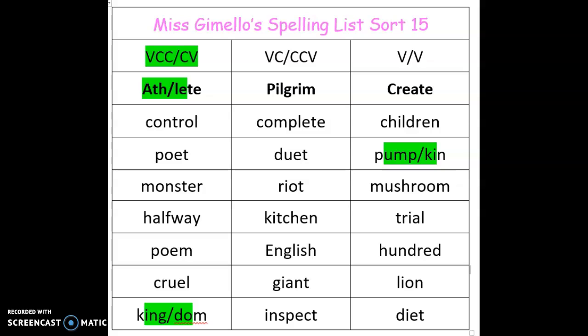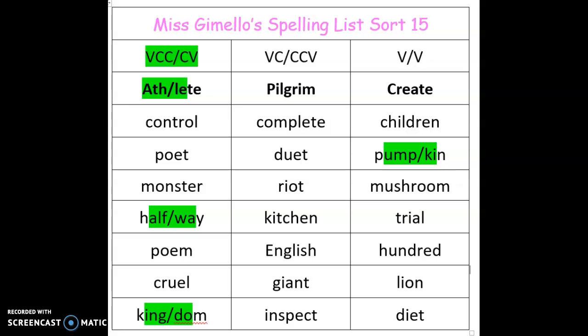Then we have halfway. I'm going to put my consonant split right here, halfway. So I know it breaks in the middle and I find my pattern. Vowel, consonant, consonant, and then consonant, vowel after the break. That follows this pattern as well.